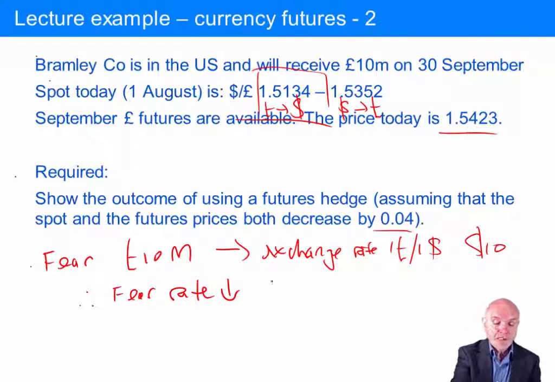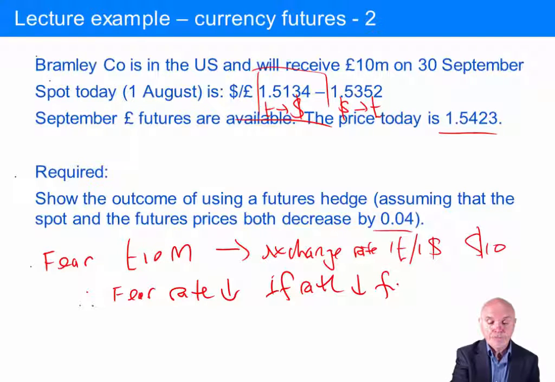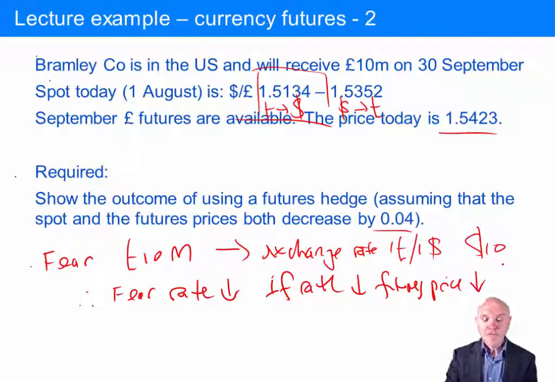If the rate goes down, futures price goes down. Because we're told that the futures price tracks, not perfectly, but tracks by and large the exchange rate.